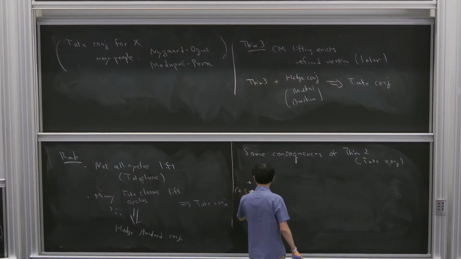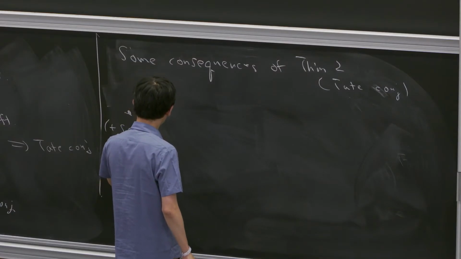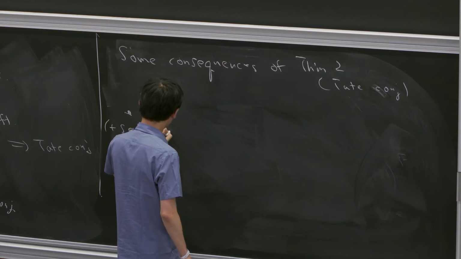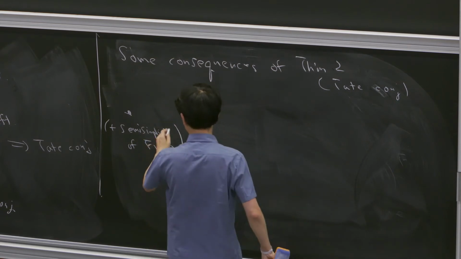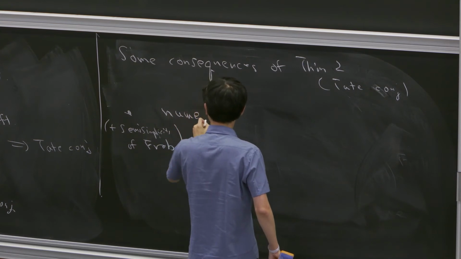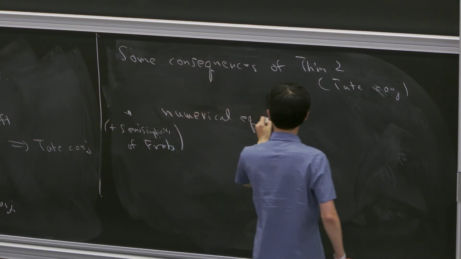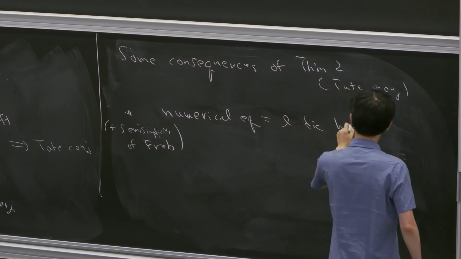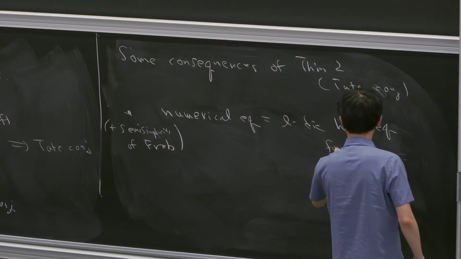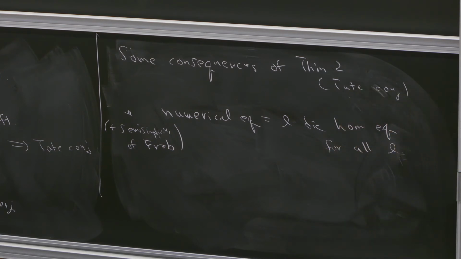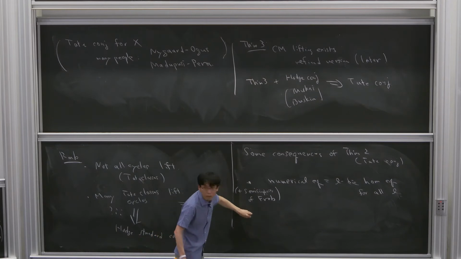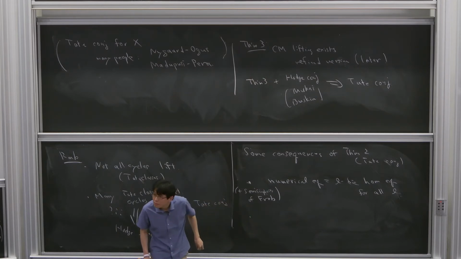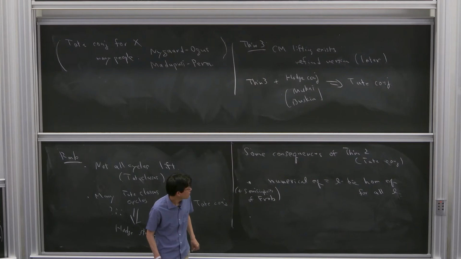So here I use semi-simplicity. And the claim is numerical equivalence equals l-adic homological equivalence for all l. And this is quite well known.